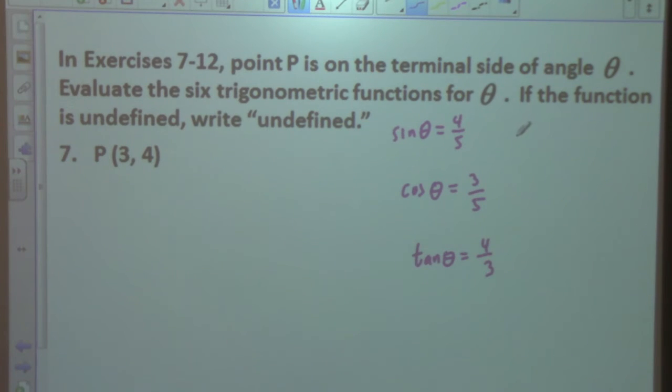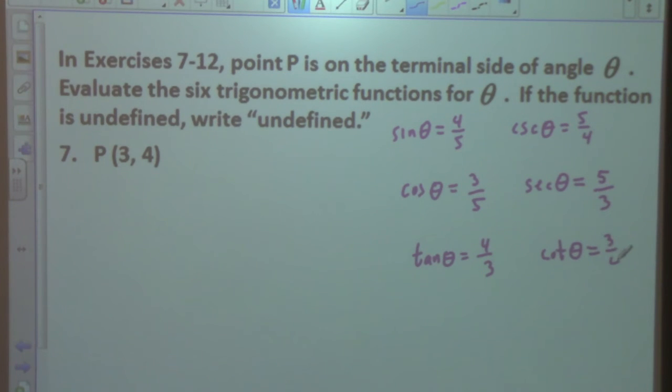Cosecant theta is 5 over 4. And secant theta is 5 over 3. Okay, cotangent theta is 3 over 4.